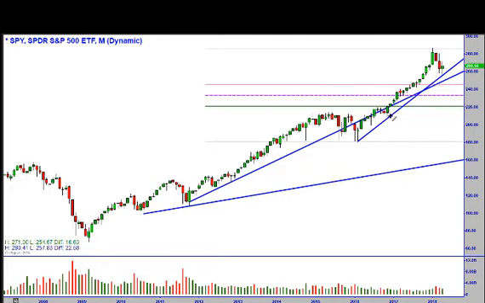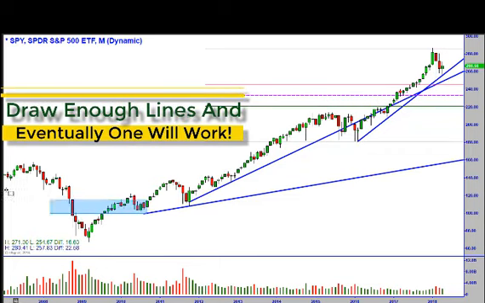Now, if I draw this here, is that the line? Did that stop prices from pulling back? No. Let's clean this up. Get rid of that. A second here to get the right tool.